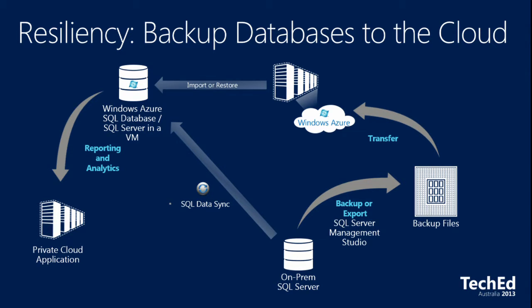So most people that want hot HA tend to go for how do I use the inbuilt capabilities of SQL Server running in infrastructure as a service to do hot DR?